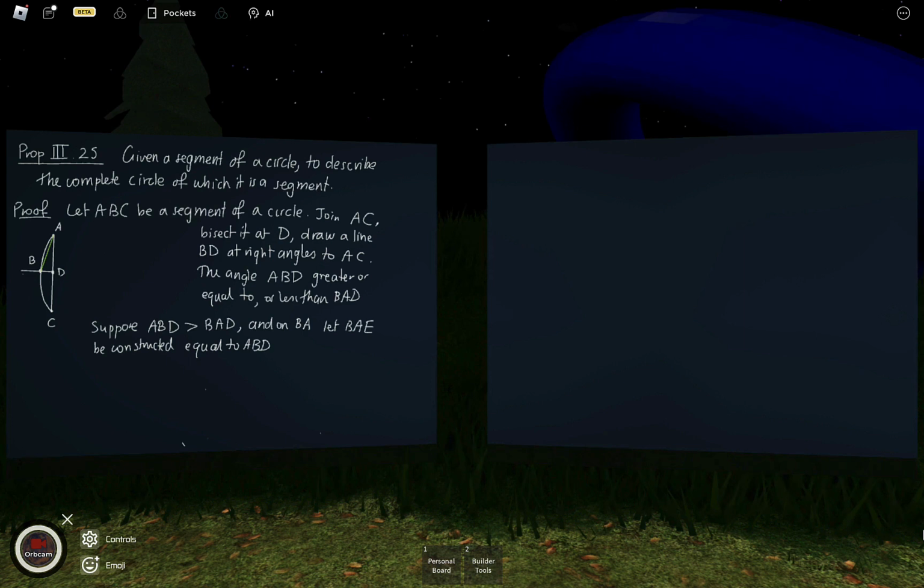So on this line, at the point A, we're going to construct an angle equal to ABD, which is greater than BAD. I'm not sure why I switched to equal to.